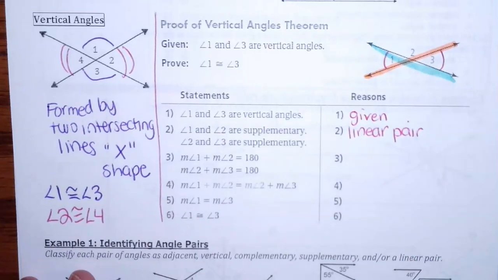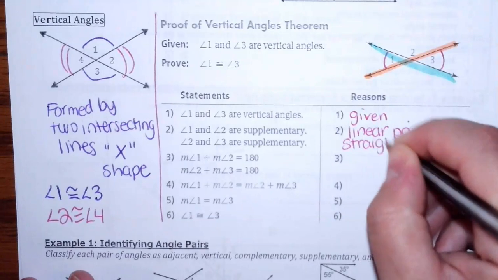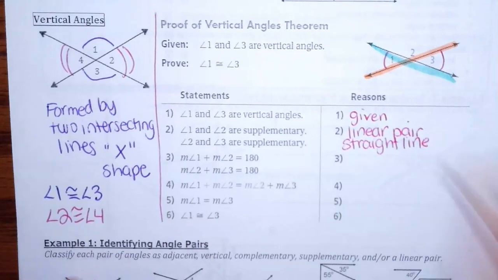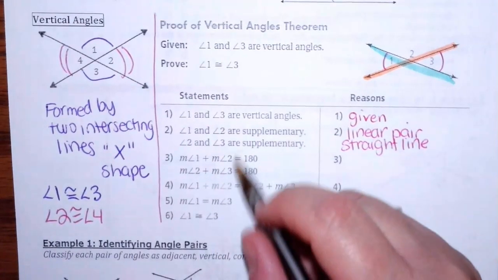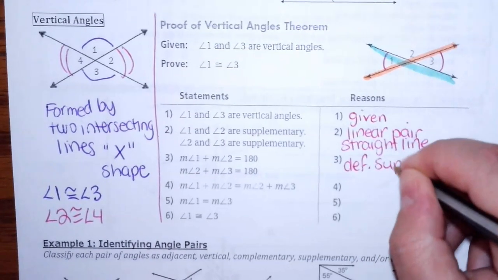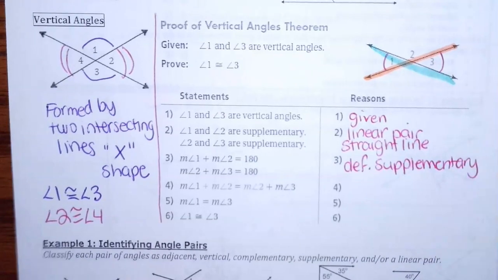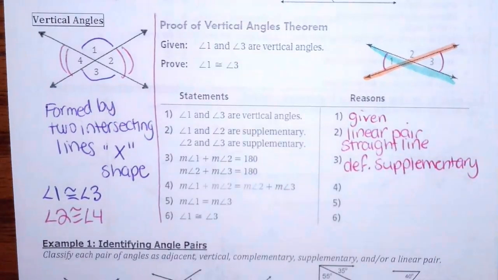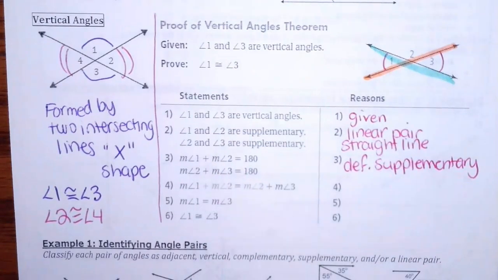You could say that they form a straight line. You can see that in the diagram there. So either one of those would be an okay reason, but that's how I know those are supplementary. And then the fact that they add up to 180, just definition of supplementary angles there. So I'm going to write definition of supplementary. Feel free to abbreviate that. But because they make this linear pair, I know that their angle measures have to add up to 180.